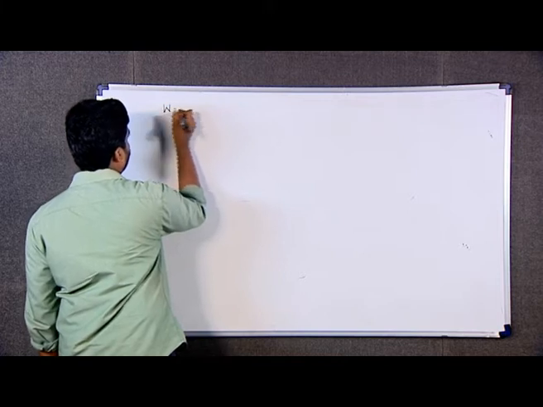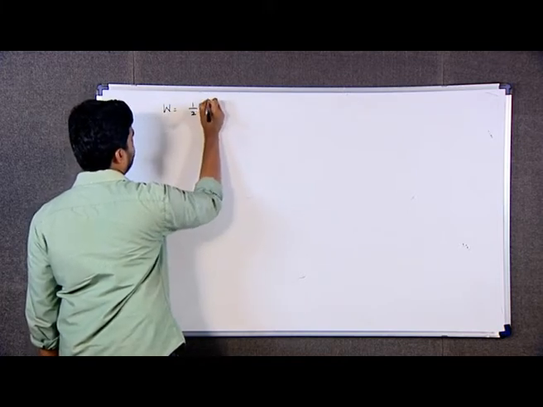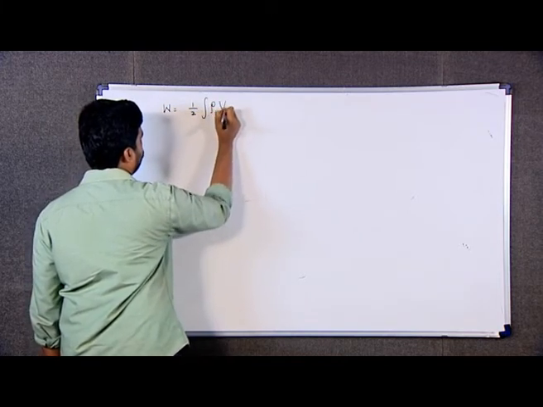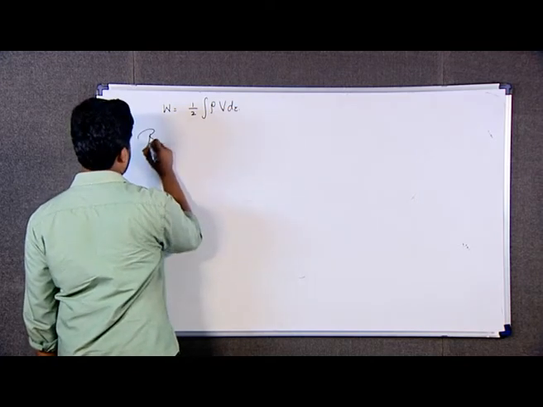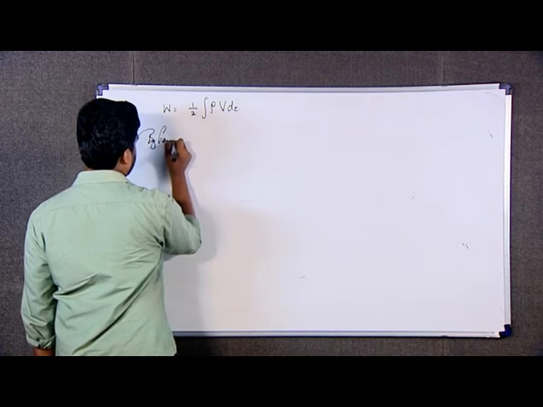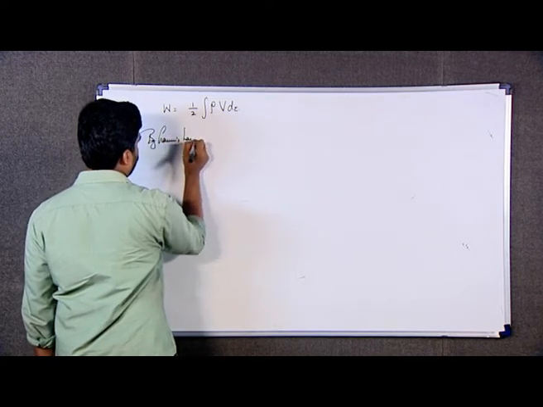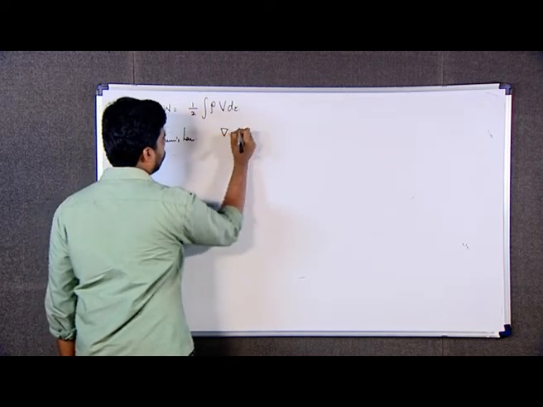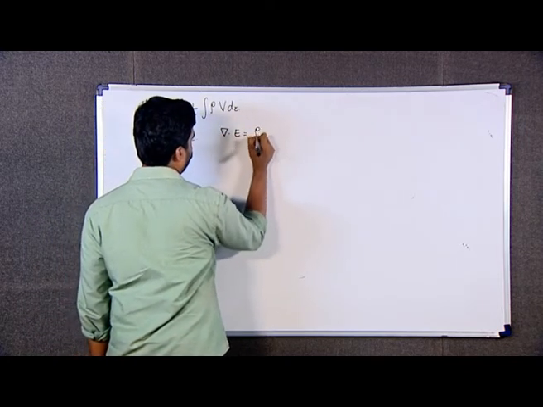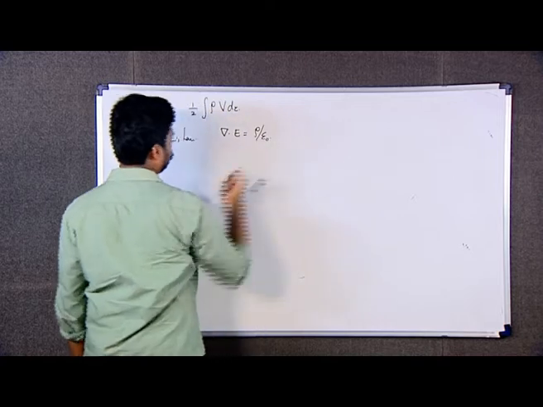W is equal to half into integral rho V d-tau, and by Gauss's law, we know that del dot E is equal to rho by epsilon 0.